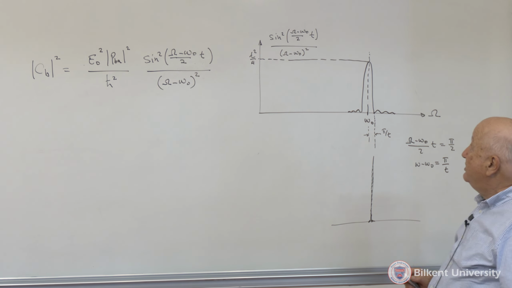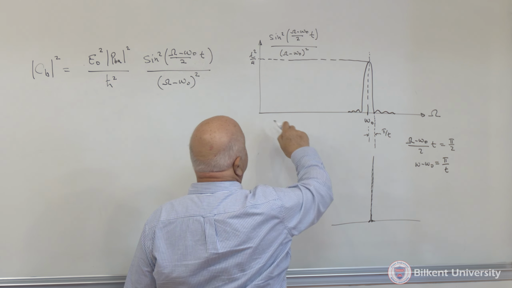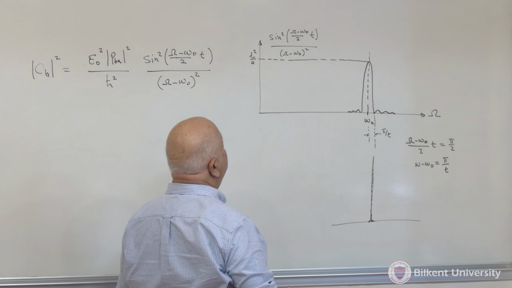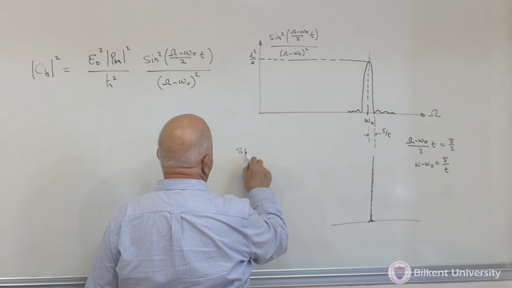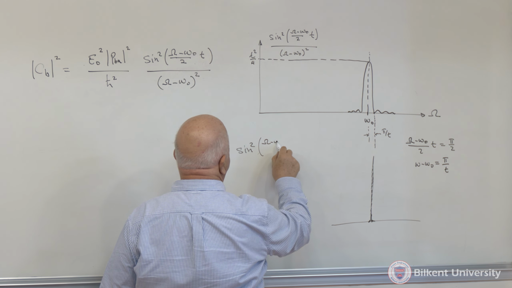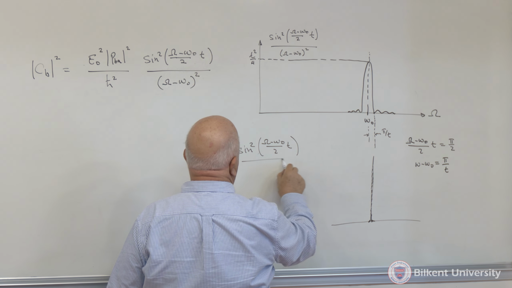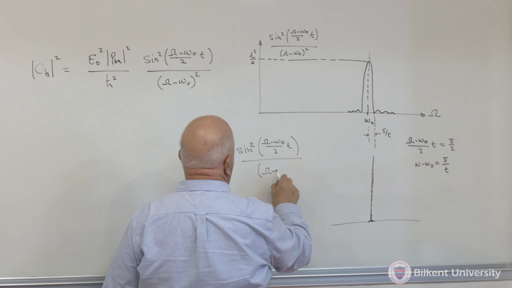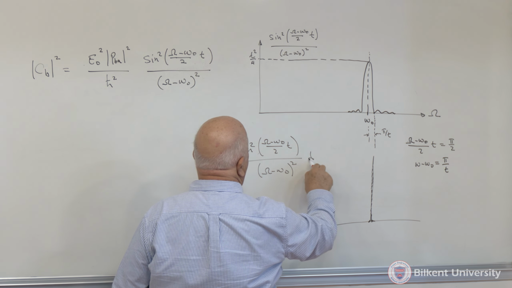So let's see what the area under this function is as a function of omega. So if I look at the integral of sine squared of (omega minus omega 0) over 2 times t, divided by (omega minus omega 0) squared, d omega.